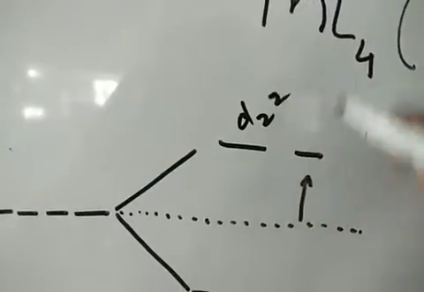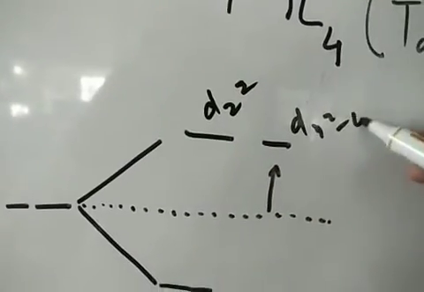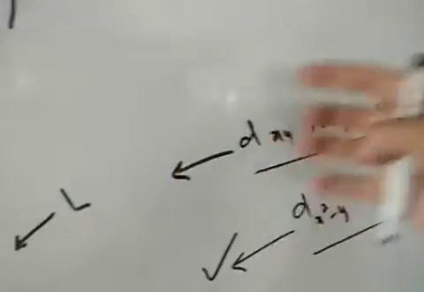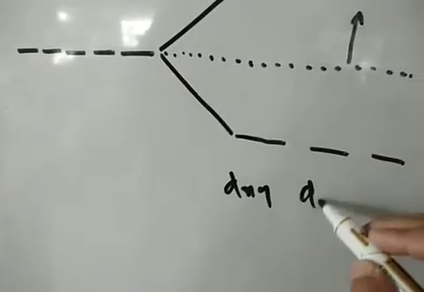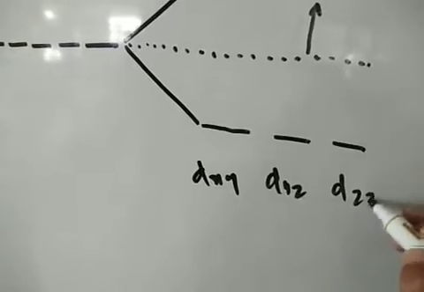So dz square and dx square minus y square are raised in the energy. While these orbitals whose lobes are in between the axes will get weak interaction, and rather that interaction results in lowering of energy. So these orbitals will get lowered in the energy.